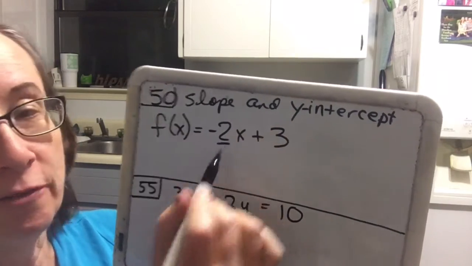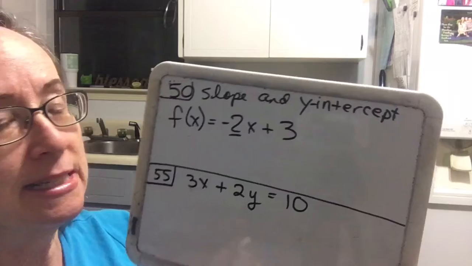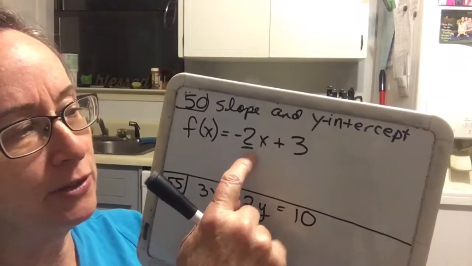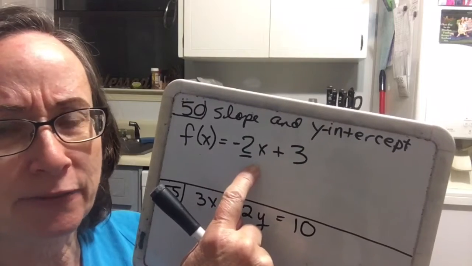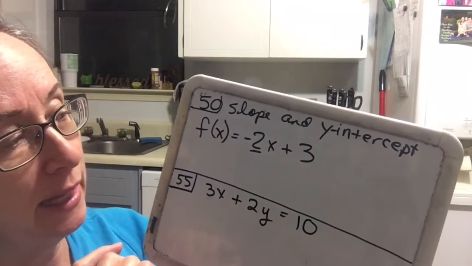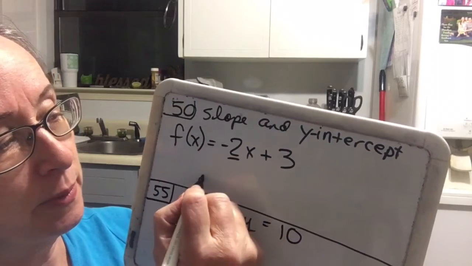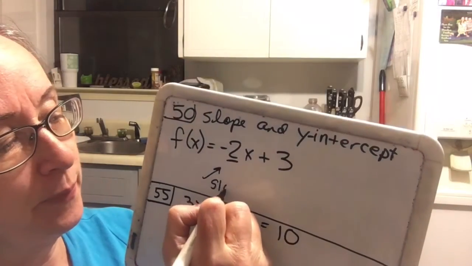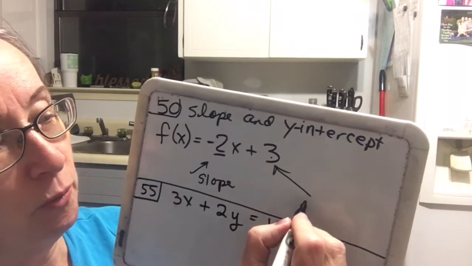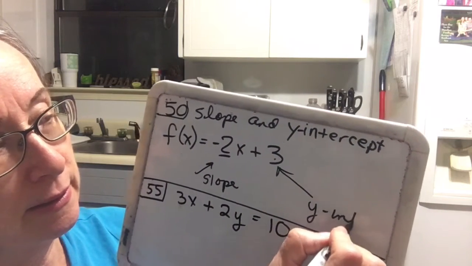This number right here in front of the x is the slope. X is never part of the slope. I have a lot of students that will say the slope is negative 2x. No, the slope is just negative 2. Okay, so negative 2 is the slope. That's your slope. And then 3 is right where we should find the y-intercept.